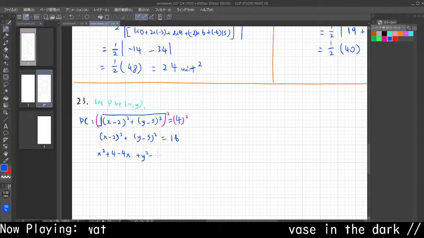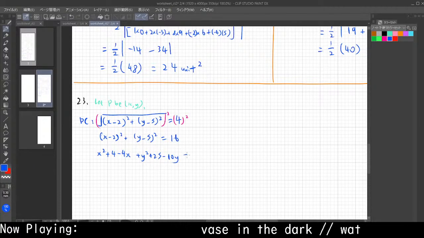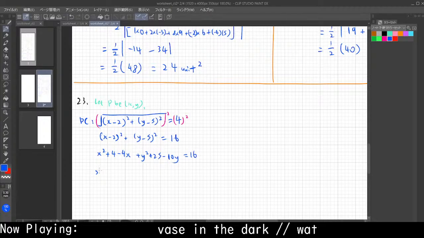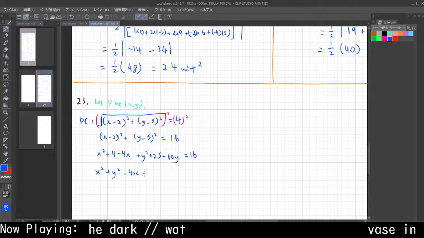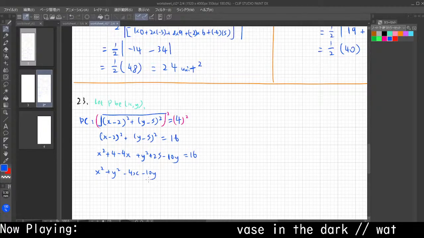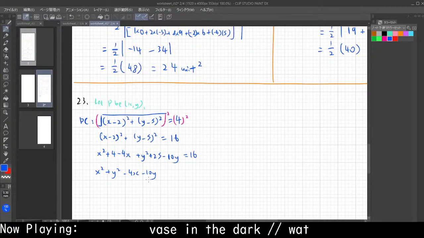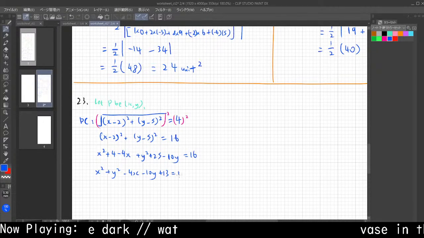Same goes to the other bracket. Then you want to rearrange into like terms. x squared, y squared, then minus 4x minus 10y. How many are the numbers? 4 plus 25, 29. 16 bring over becomes minus 16, and 29 minus 16, I get plus 13.